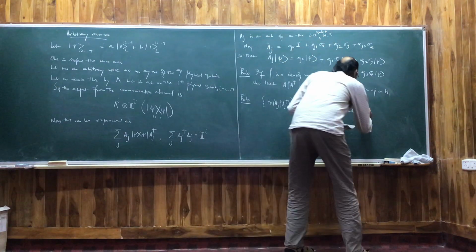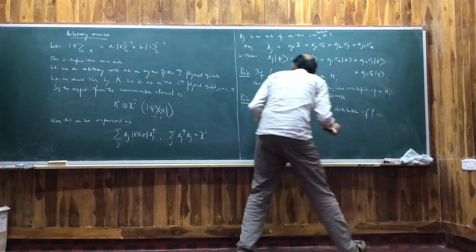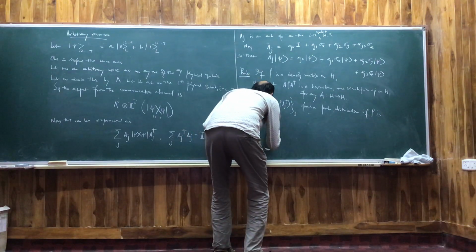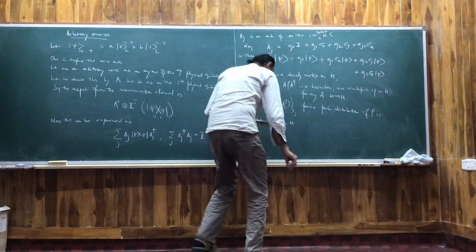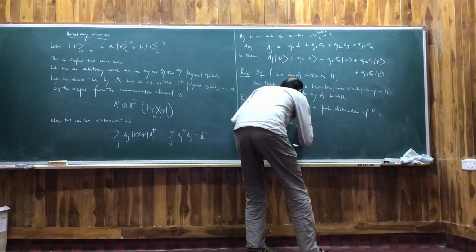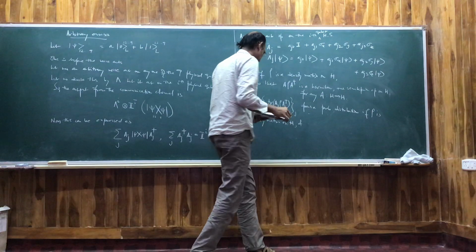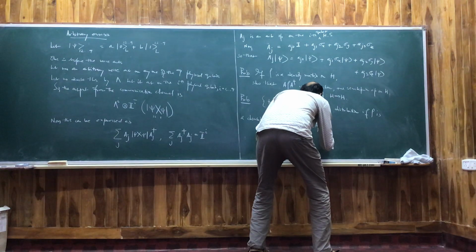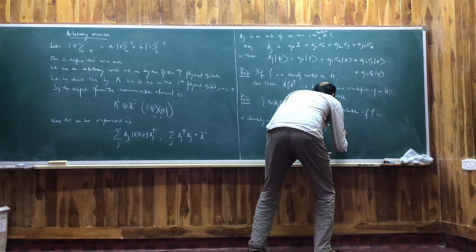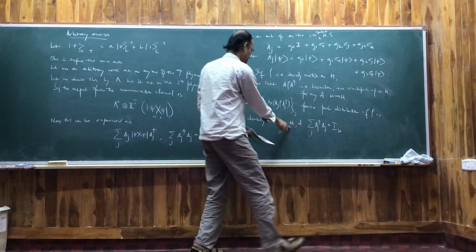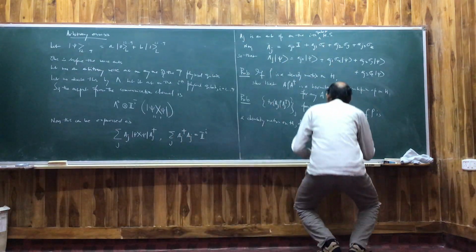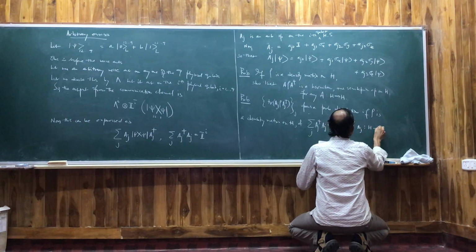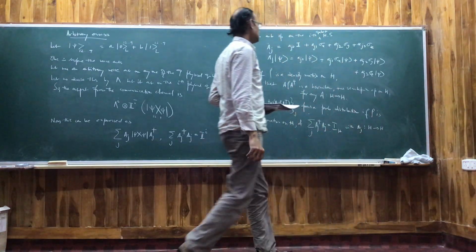If rho is a density matrix on H, and this is a valid Kraus sum, with the sum of A_j dagger A_j being the identity on this Hilbert space H, with A_j being arbitrary operators on that same Hilbert space.